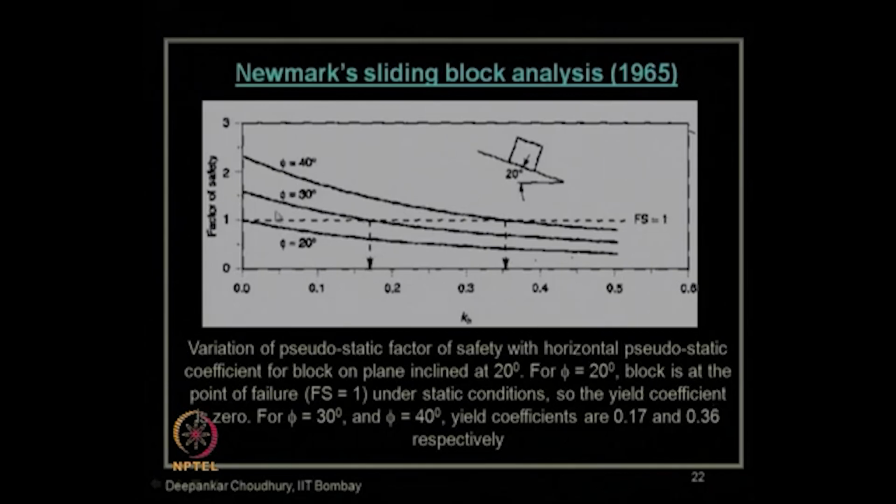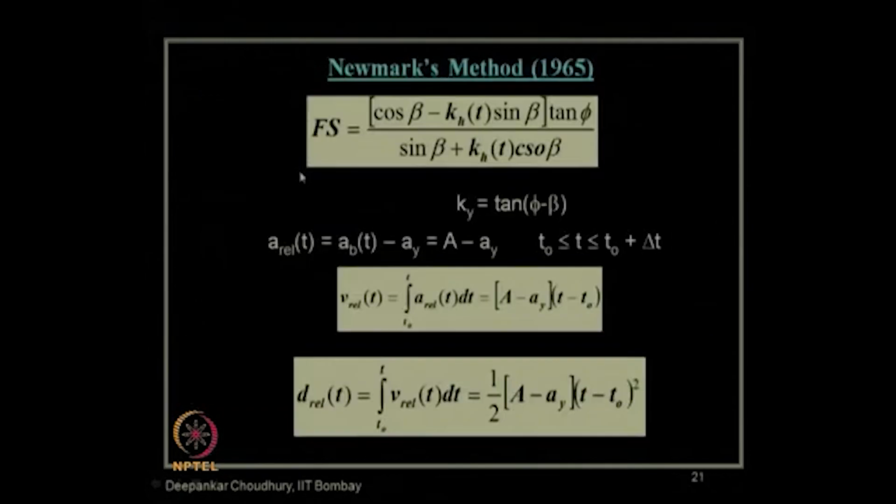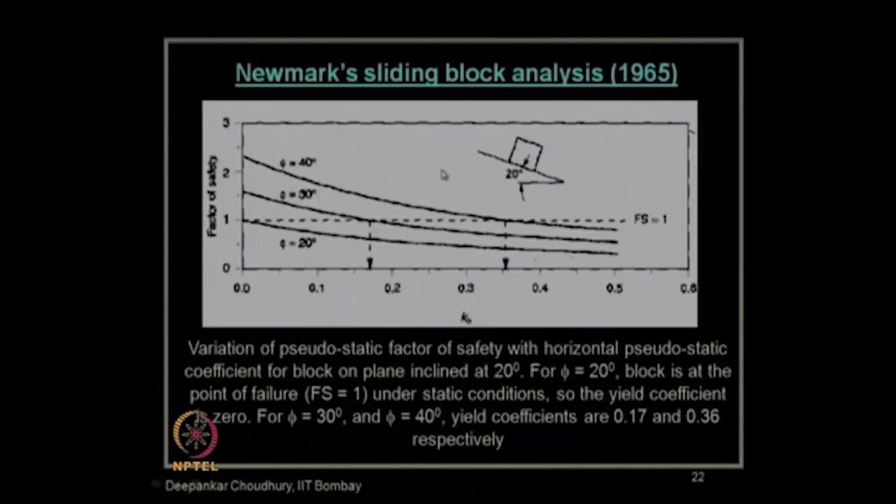This is the way you get the displacement aspect also in this Newmark sliding block method. So, this picture shows the result for a soil block which is failing or sliding like this on a stable slope of 20 degree, and using the factor of safety value equals to 1, you can see this dotted line. The factor of safety curve for different values of phi of soil is plotted over here using this equation, for different values of kh.